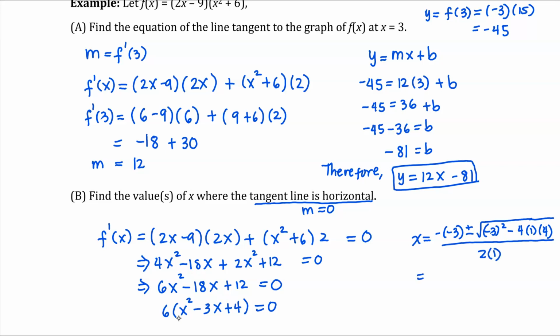And then you simplify this, you have 3 plus or minus the square root of 9 minus 16 divided by 2. Now notice that 9 minus 16 is negative. So this one will yield an imaginary root. So therefore, we say that this one has no real solution or no real root. So with that, there is no x that will make our tangent line horizontal.